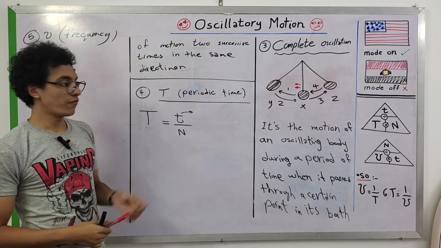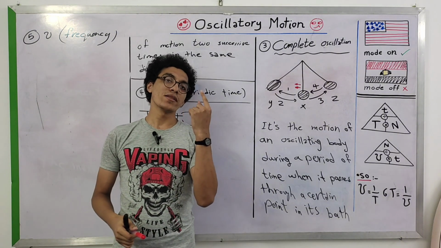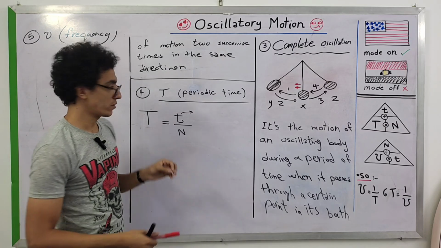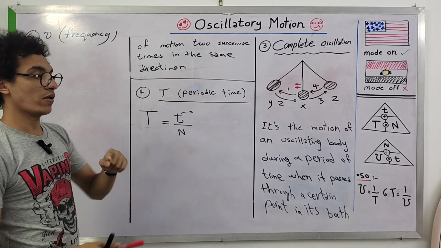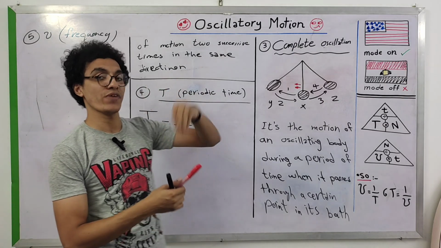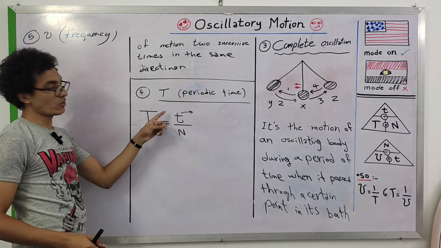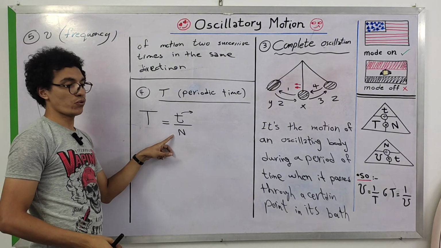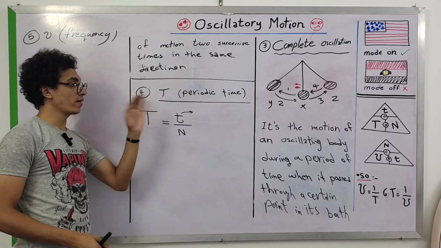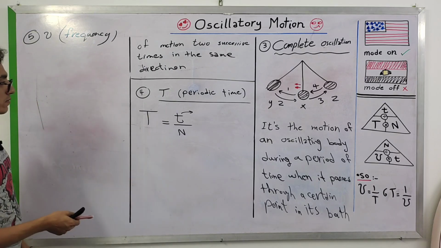It's easy. If you want the time of one oscillation, it's called the periodic time. If I have one oscillation, what is the time of it? That is it. This is measured in seconds. N has no unit, so the periodic time is measured in seconds.